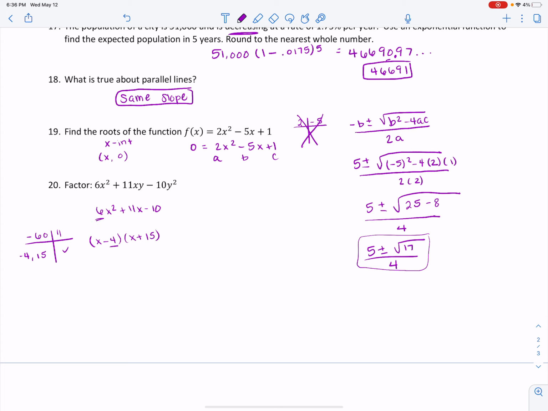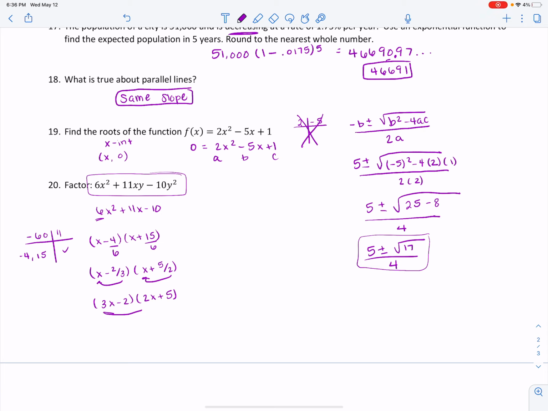Divide by a, and then simplify. And then kick back your fraction. So I have 3x minus 2, 2x plus 5. Now, true factors should be able to multiply to get us back to where we started.